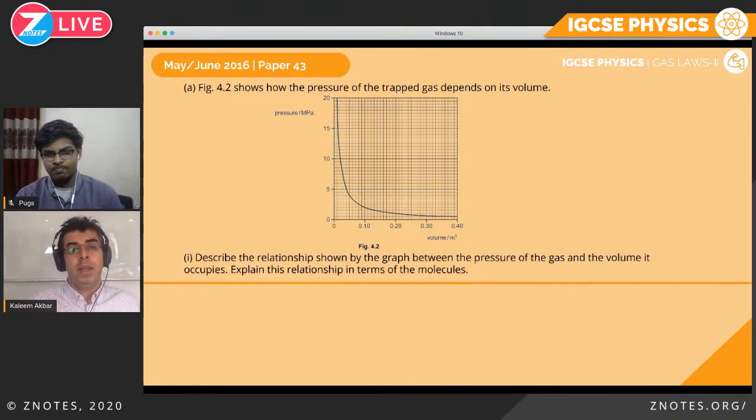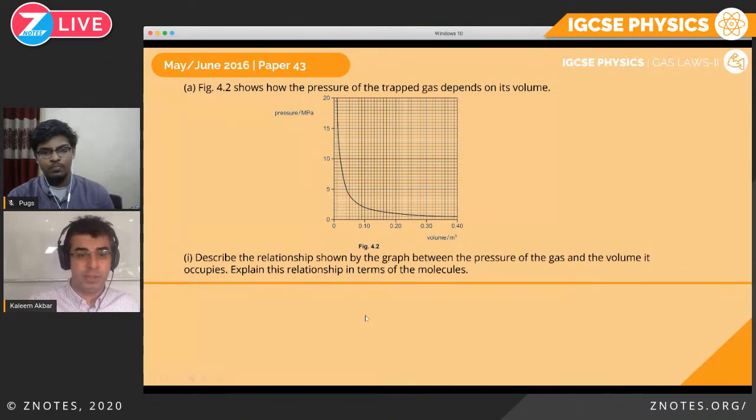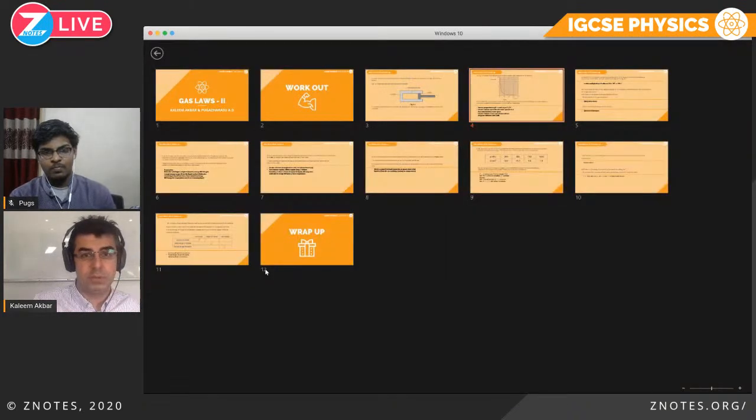So here we've got a graph. Figure 4.2 shows how the pressure of the trapped gas depends on its volume. Now, as I pointed out in the lesson before, a lot of students think inverse proportion, let me just draw on this, looks something like, oops, my bad, let me go back in.